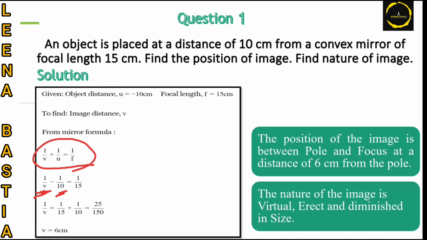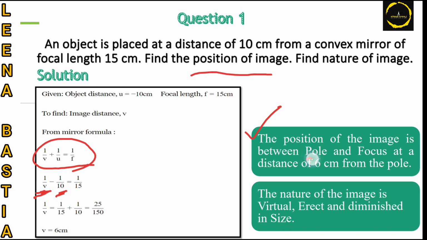Now we also know that in convex mirror the image is always diminished. That means it is smaller than the size of the object. So what you have to write for the position of the image, just check the first answer. The position of the image is between pole and focus at a distance of 6 centimeter from the pole.